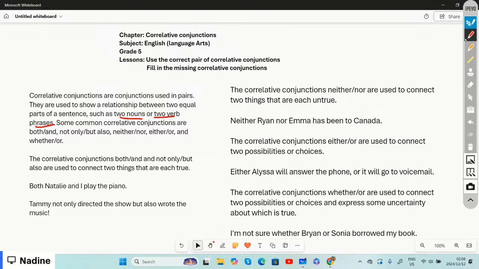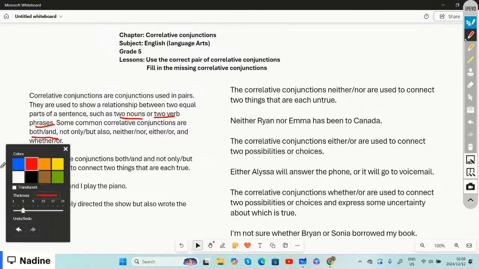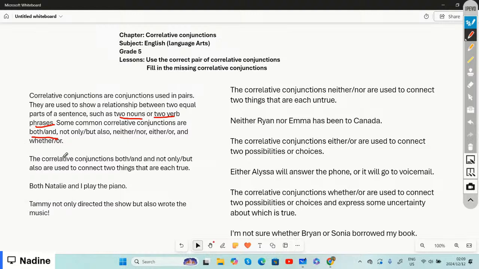And some of our common correlative conjunctions are words like both or and. All right, so the first one is both or and. That is our first common conjunction.